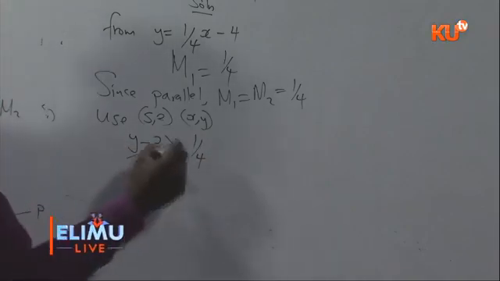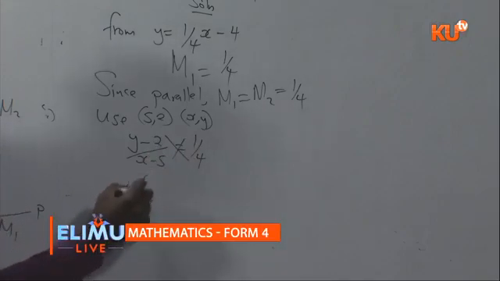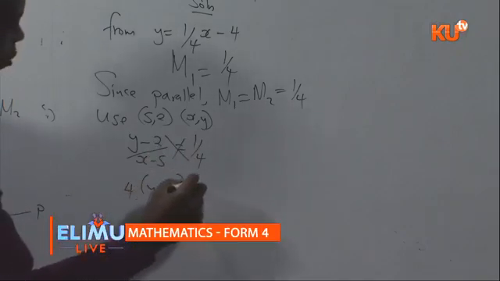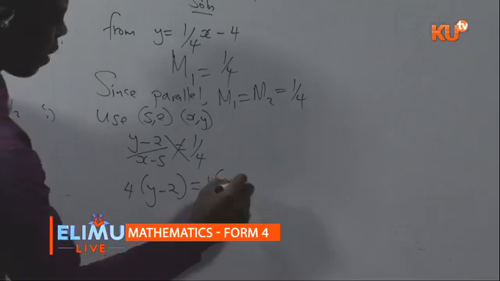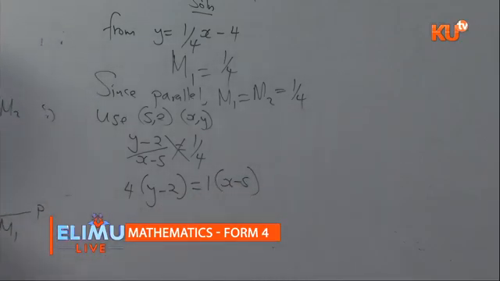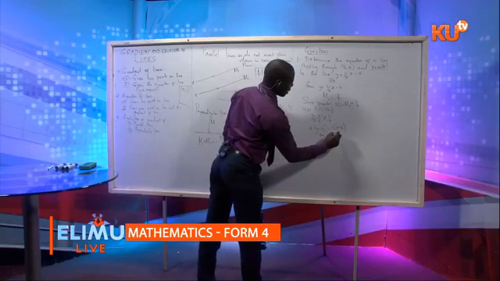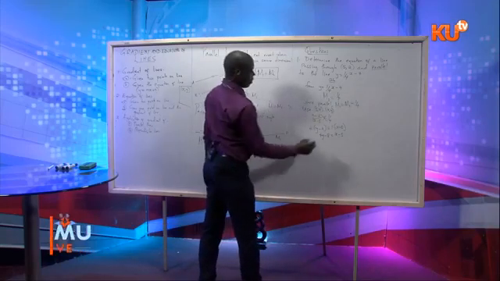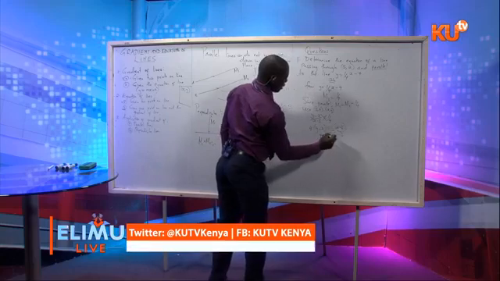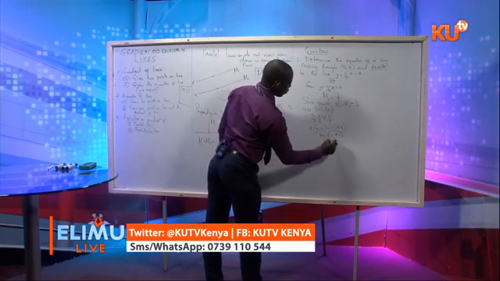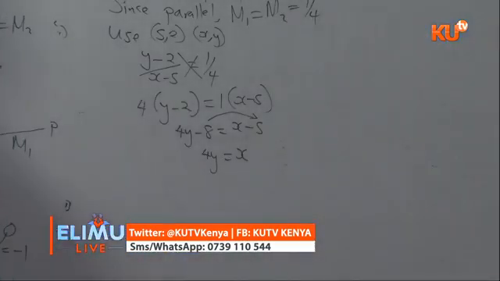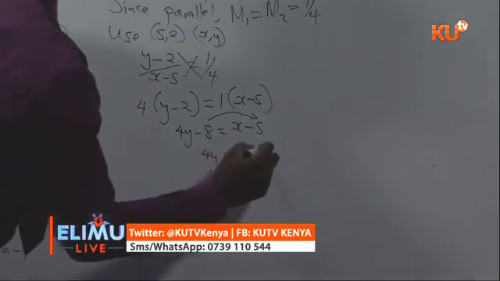We do the cross multiplication, and so we have 4 into (y - 2) is equal to 1 into (x - 5). By expansion, that is 4y - 8 = x - 5. We take negative 8 to the right side. We have 4y = x - 5 + 8, that gives us positive 3.